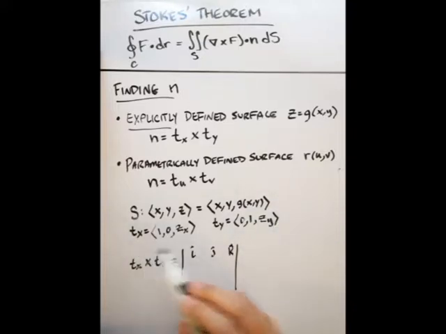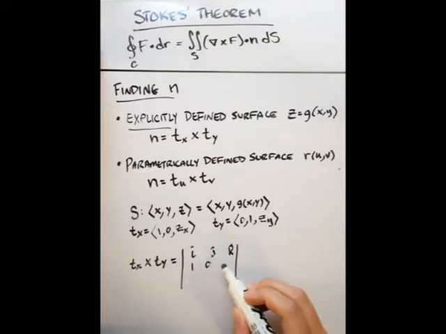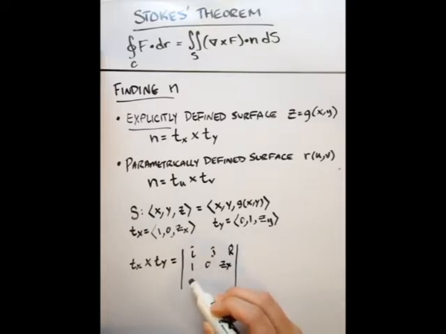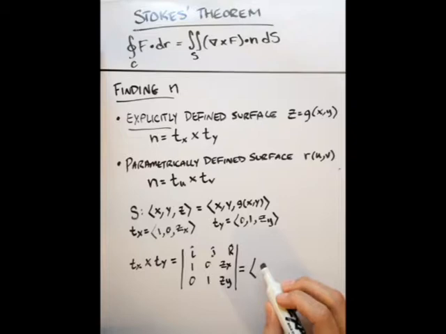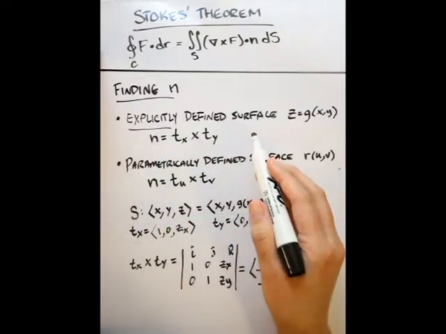Now to find the cross product of these two to get our normal vector, we just fill in our 3x3 determinant with these tangent vectors. Once we compute this cross product, the result is going to be the vector negative z sub x, negative z sub y, comma 1. So this is our n. This is going to be our normal vector for our explicitly defined surfaces.